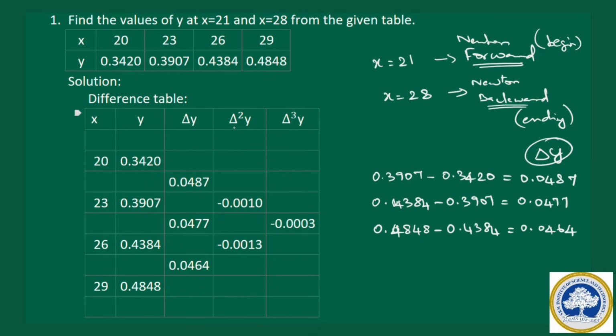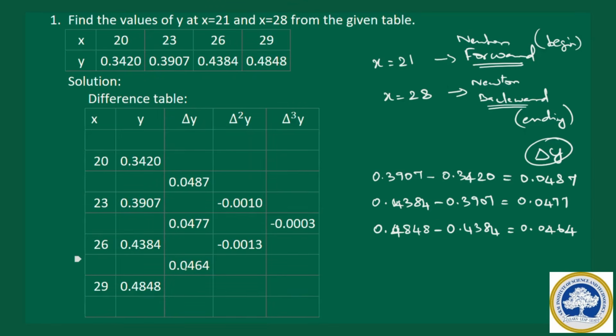Again, if you move to the second order difference, again you take the difference between these two. That is 0.0477 minus 0.0487 will give you minus 0.0010, because this is the lesser value compared to this one, right? 77 minus 87 means it will be minus 10. So minus 0.0010.